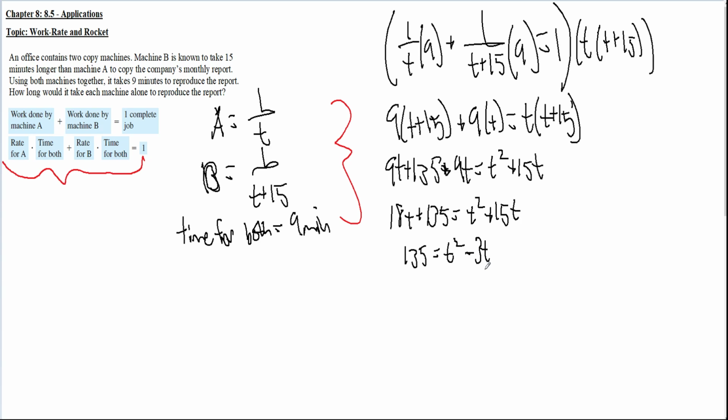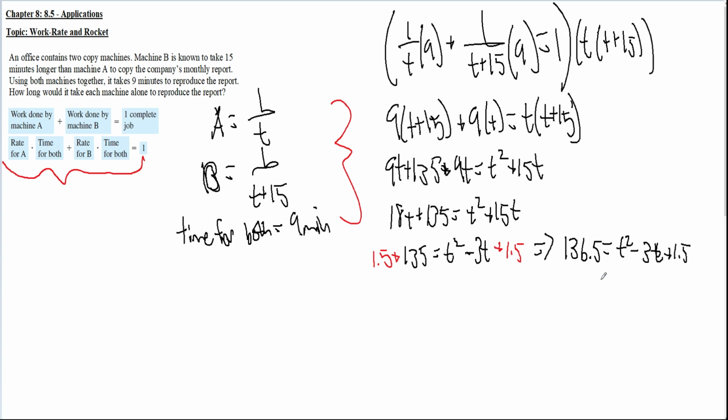And if we remember with complete the square, we take half of our b term and add it to both sides. So we have plus 1.5 and plus 1.5. So that gives us 136.5 equal to t squared minus 3t plus 1.5.